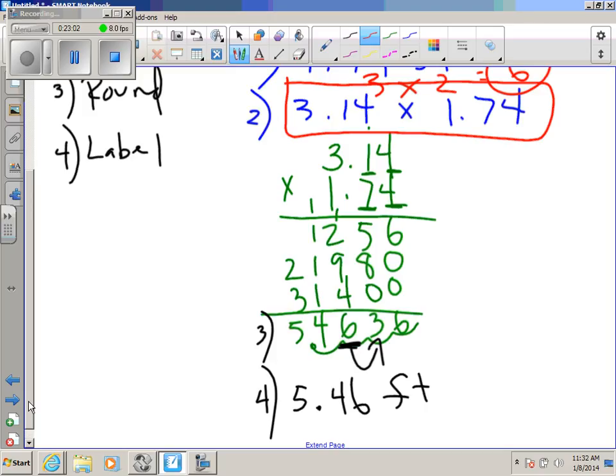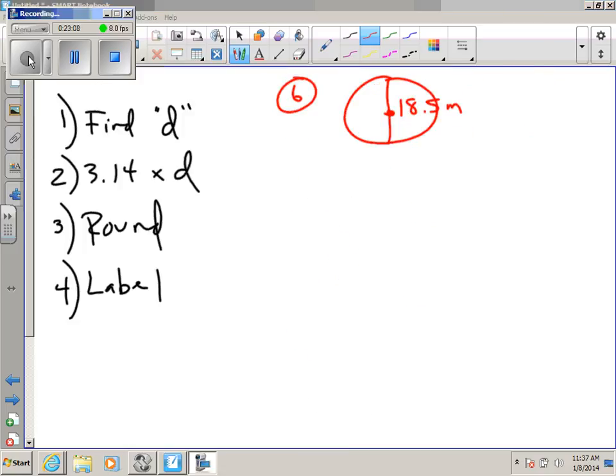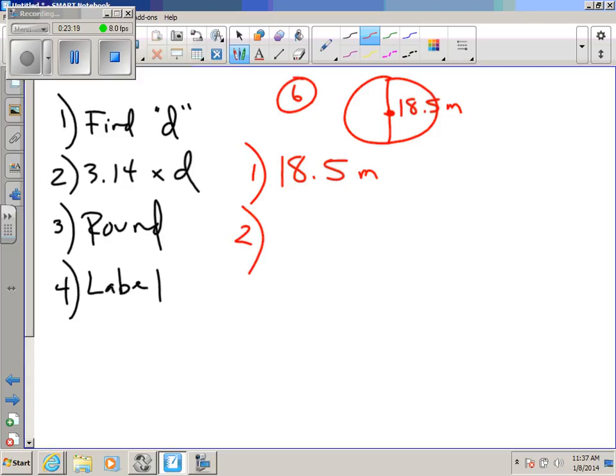Try number 6. Yep. So step 1, find D. What's D? They gave us D, our lucky day. Step 2, take our 3.14, multiply by 18.5. Can you estimate beforehand?